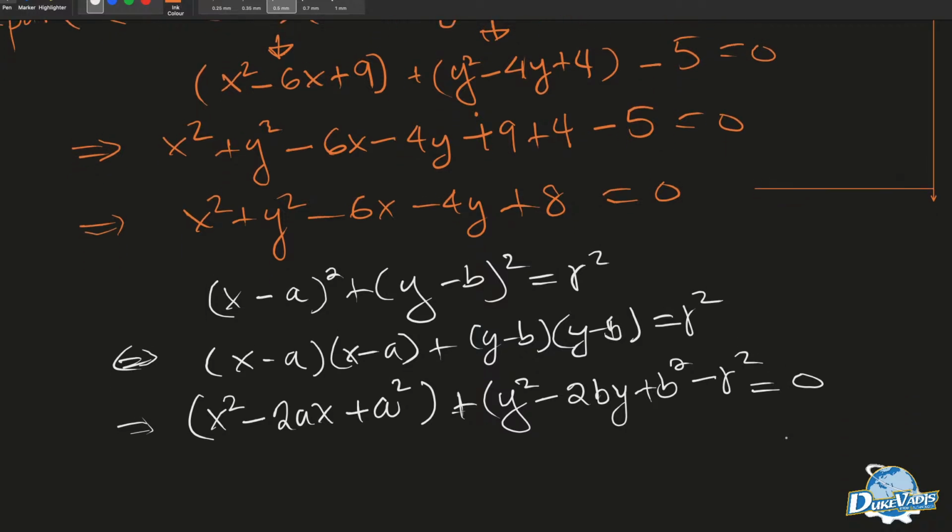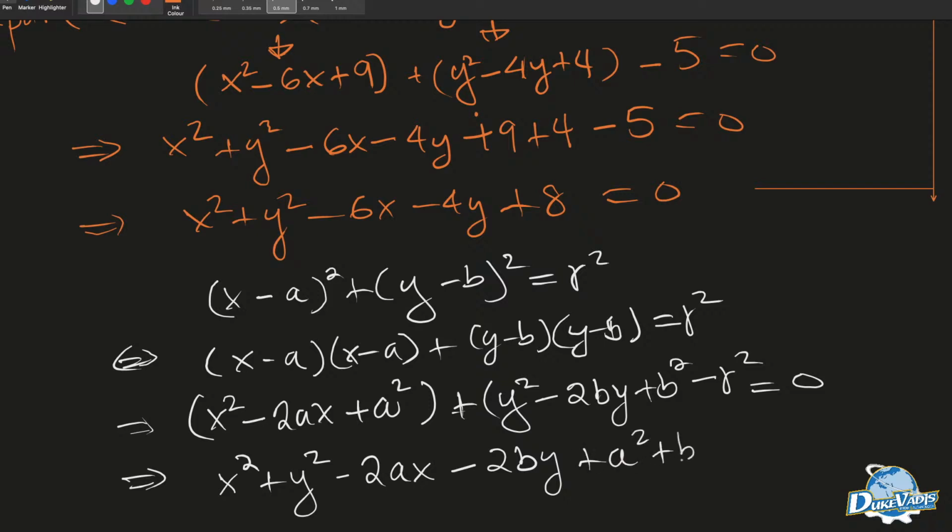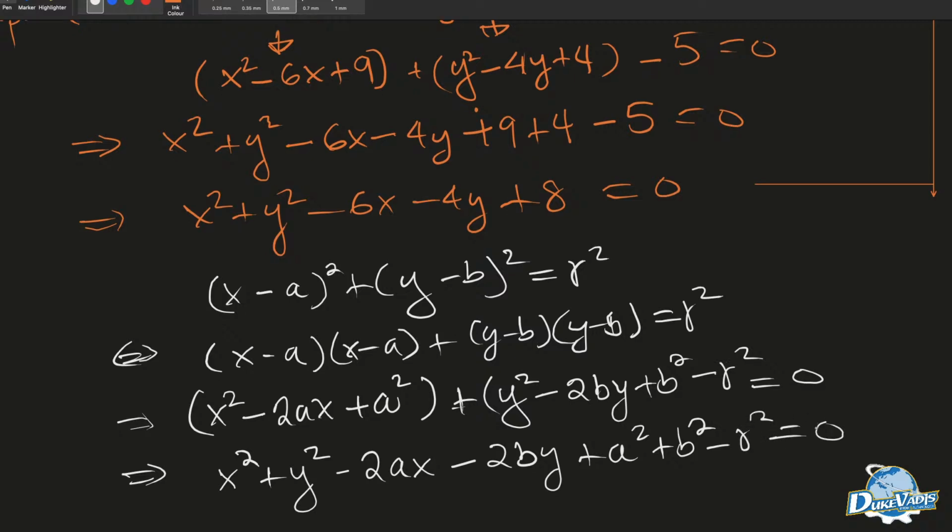Now let's separate terms. We see this is x squared plus y squared minus 2ax minus 2by plus a squared plus b squared minus r squared equal to 0.